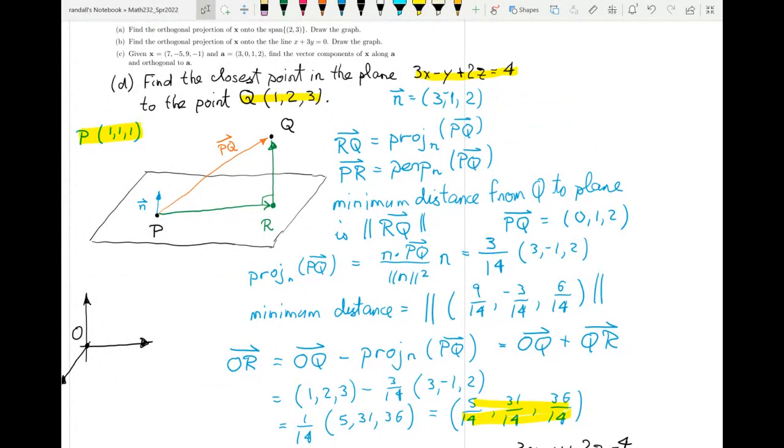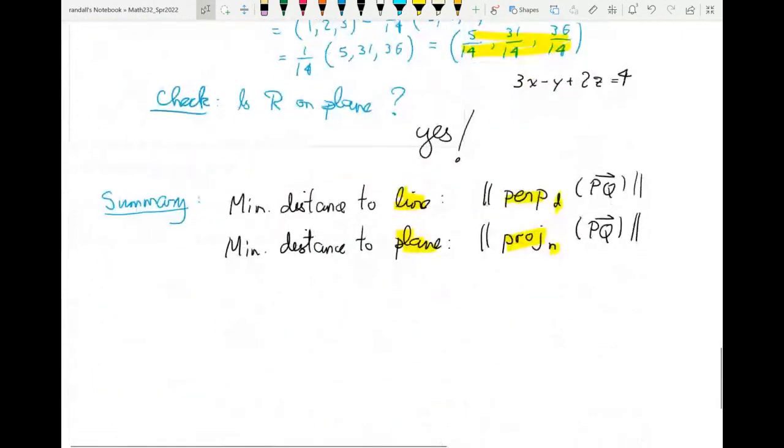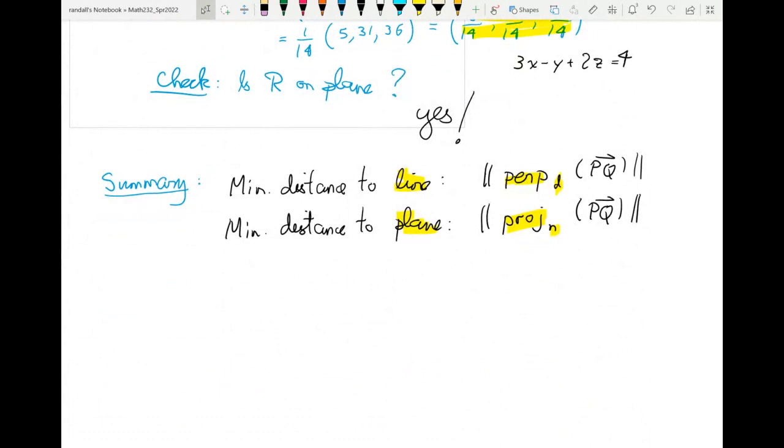This is the origin of why one problem uses the perpendicular part and one problem uses the projection part.